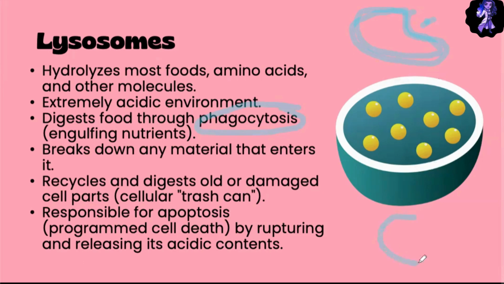I'm pretty sure not everybody knows what Pac-Man is, but it forms this mouth-like structure that allows things to go in and out. When it engulfs a large item, it is called phagocytosis. If it engulfs very tiny particles, it's called pinocytosis. So you want to think of pino meaning tiny, and phago meaning giant. That's how lysosomes engulf their food products.